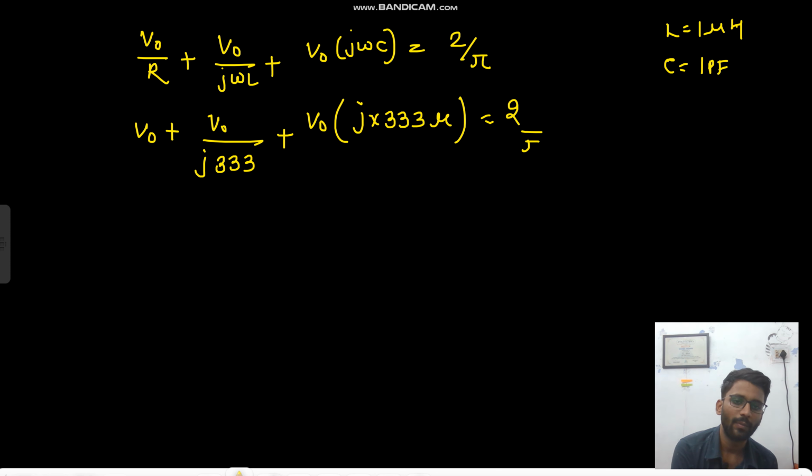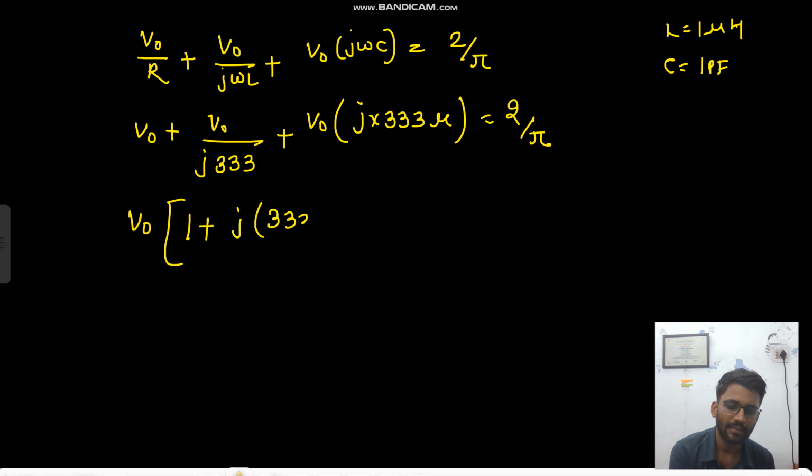Equals to 2 by pi. So V naught equals to 1 plus J 333 micro minus 1 by 333. Okay, that will be equals to 2 by pi.